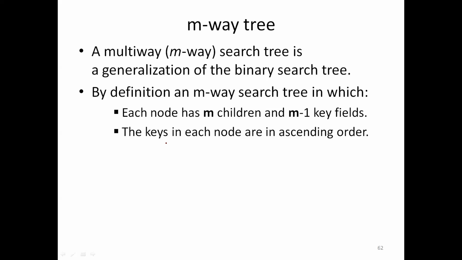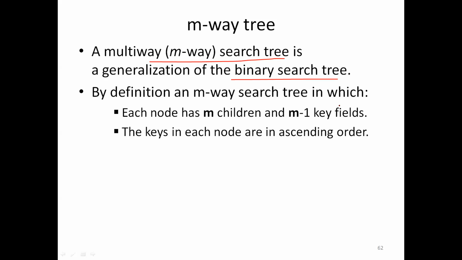Because it has two children, and M minus 1 is 1, so it has only one key. The root node consists of one key and has two children. So that's what we are saying: the multi-way search tree is a generalization of the binary search tree. Vice versa, I can say this binary search tree is a multi-way tree.